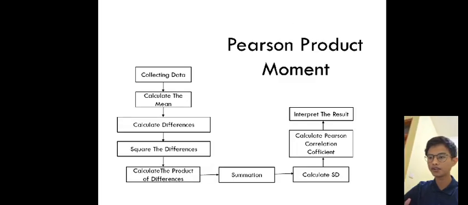Now I will try to give a simple explanation of how to calculate the Pearson correlation coefficient. The steps are not too different from the other statistical tests like the ANOVA test and paired t-test before.